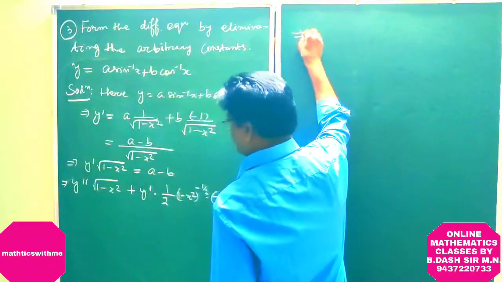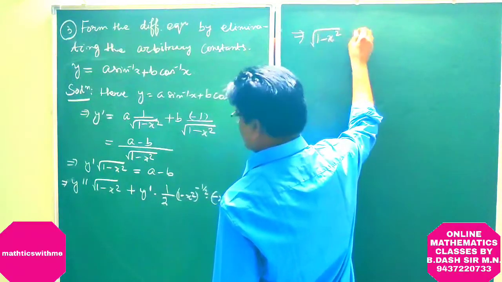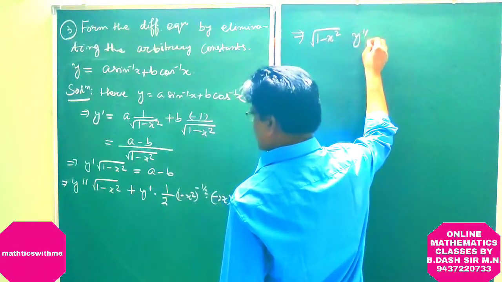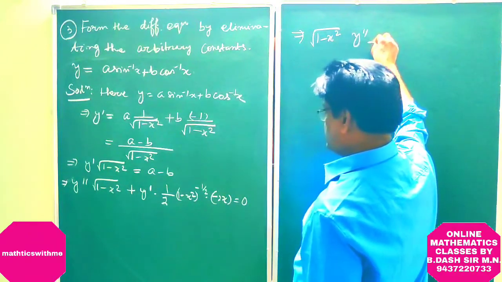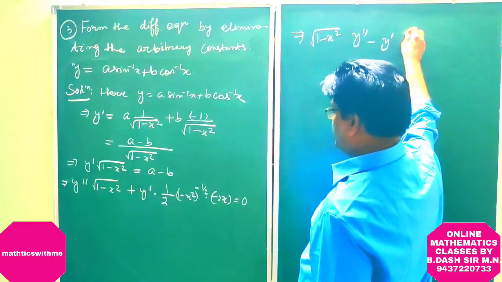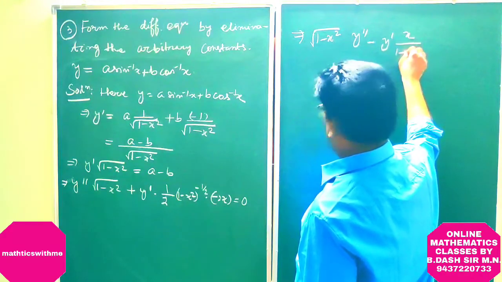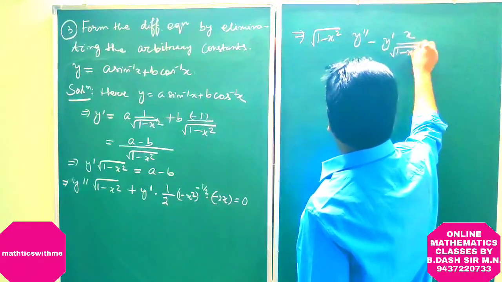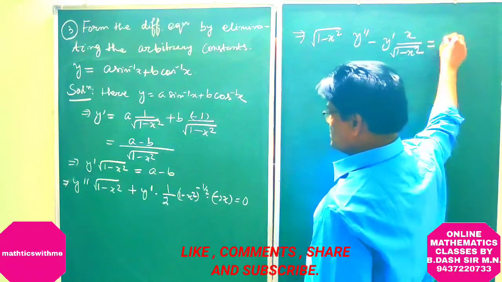So this implies square root of 1 minus x square y double dash minus y dash x by square root of 1 minus x square is equal to 0.